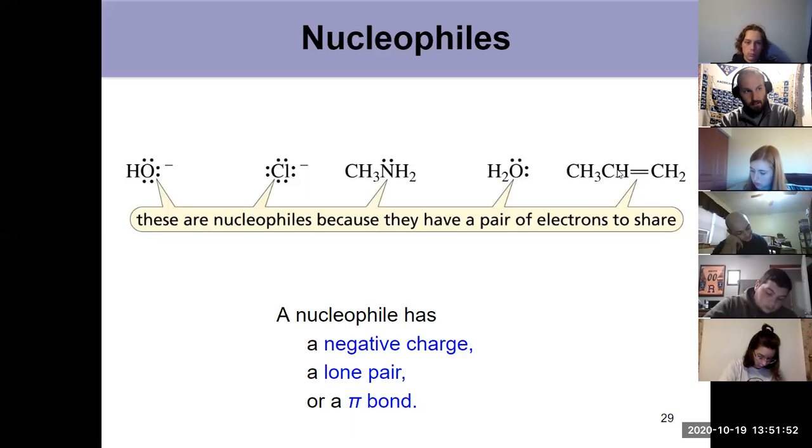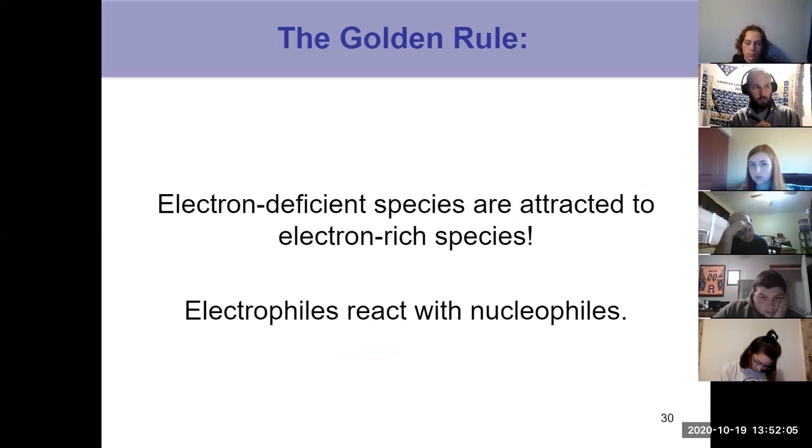The pi bond is also what's going to break to be shared in a reaction. That's why we talked about where those electrons are above and below the plane. So the golden rule moving forward: electron deficient species, those are the electrophiles, partial positives, are attracted to electron rich species. Those are the nucleophiles.